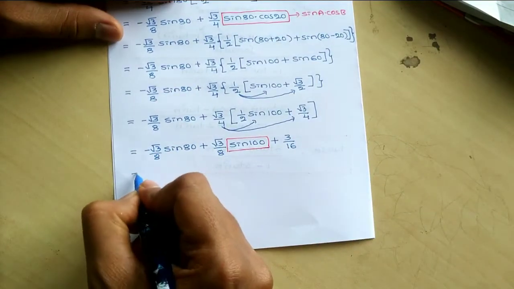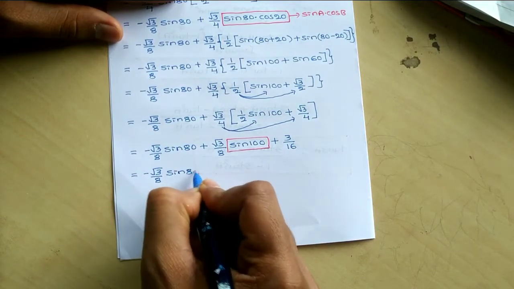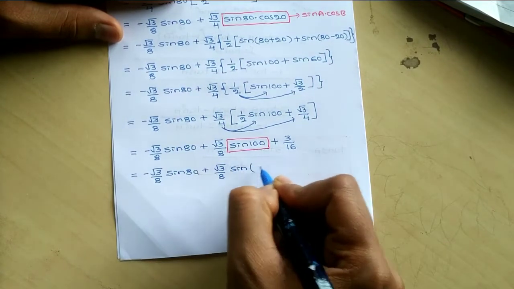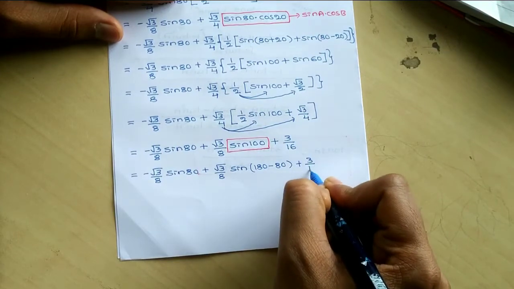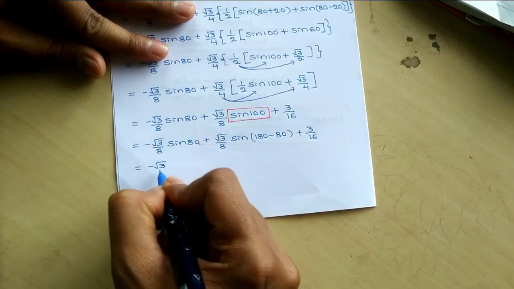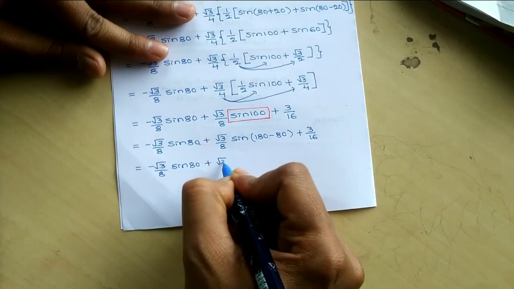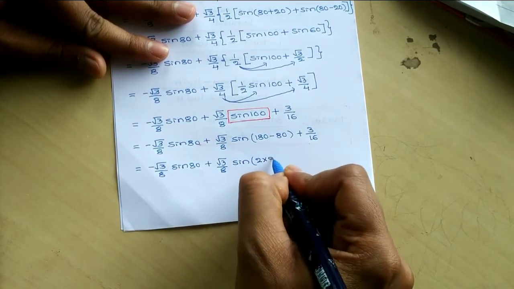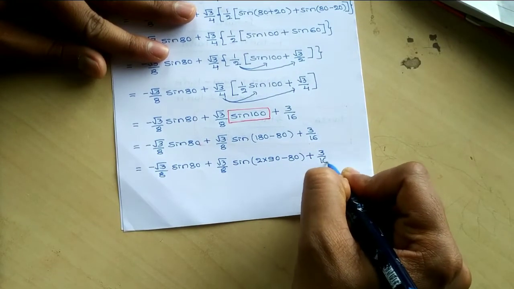So see, minus root 3 divided by 8 sin 80, keep it as it is, plus root 3 divided by 8 sin 100 can be written as what? 180 minus 80, plus 3 divided by 16, keep it as it is, which is equals to minus root 3 divided by 8 sin 80 plus root 3 divided by 8 sin 180 can be written as what? 2 into 90 minus 80 plus 3 divided by 16, keep it as it is.